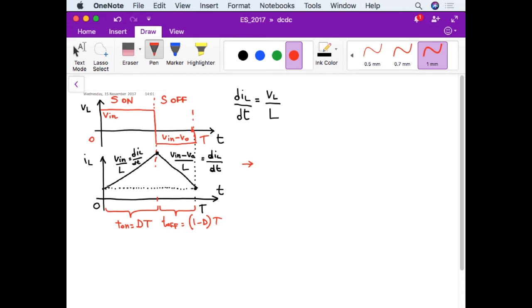Let's compute the total increase of the current in the course of a time period. The total increase is 0.